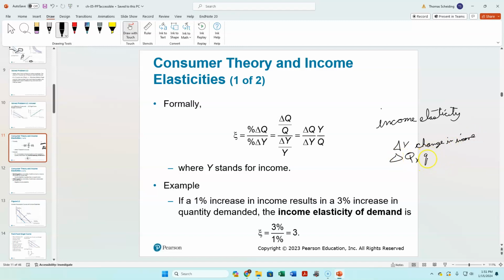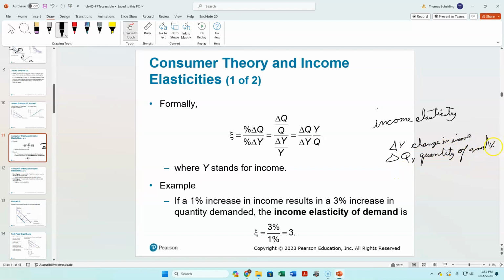Change in the quantity of X. Then my income elasticity is going to be my percentage change in the quantity of good X over the percentage change in my income.